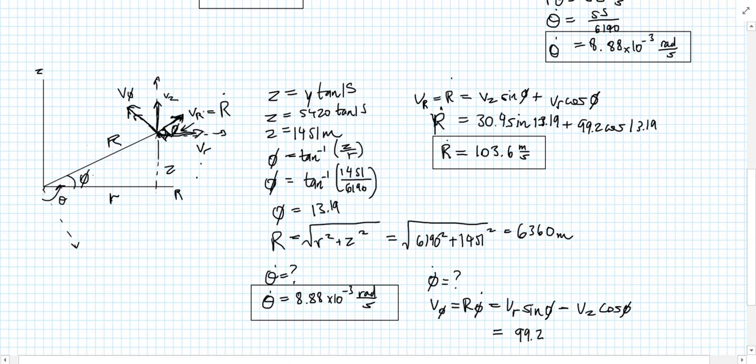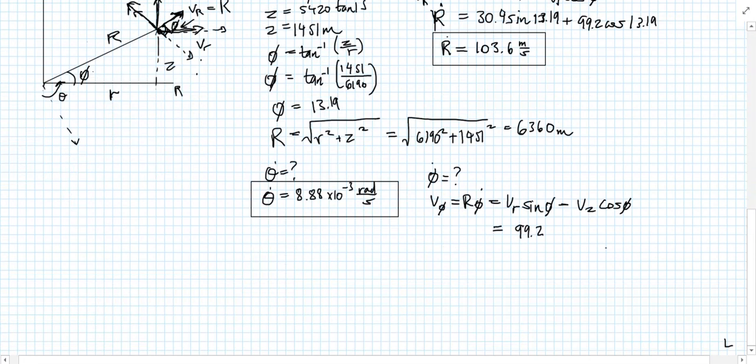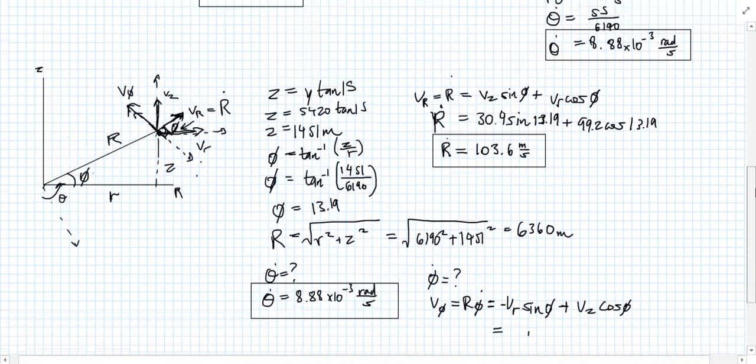If I want to find v of phi along that line right there, we can use the same technique I was just talking about before, but it's going to be flipped. So now this guy is going to be positive and this guy is going to be negative. The idea that you guys have to keep in your mind is that we are projecting along certain lines to give us the coordinates.